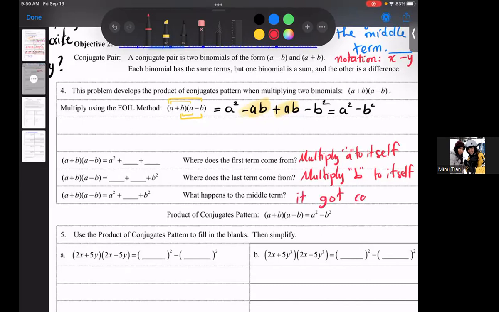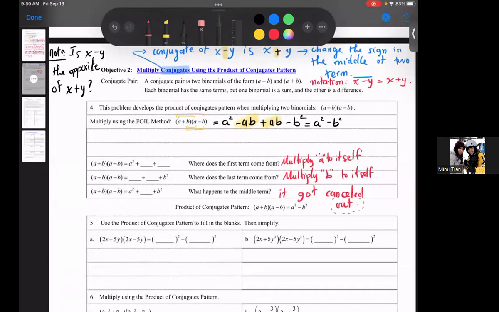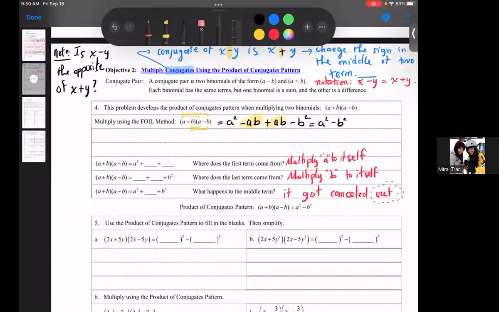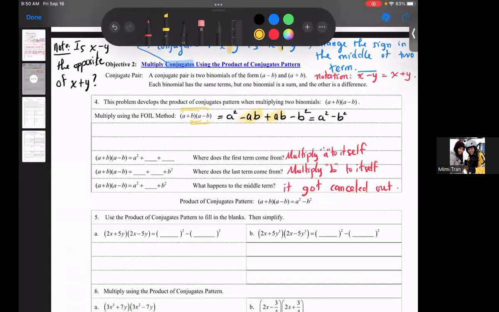It got canceled. Okay. Cool. It got canceled out. So the bottom line is that I want you to remember this. It's just a squared minus b squared. As long as they are conjugates, it has to be conjugates.